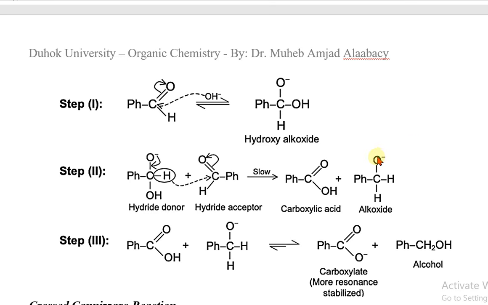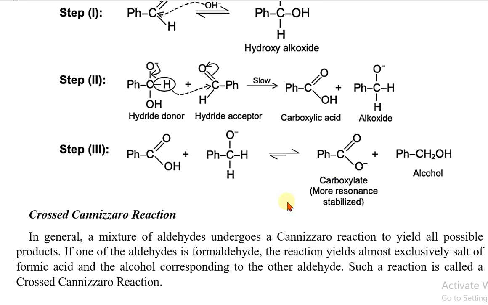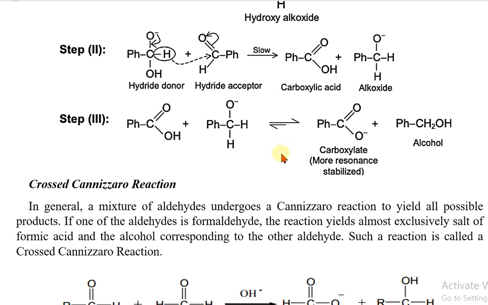Now we have proton exchange. This negative oxygen takes a proton to give alcohol and carboxylate anion. I think it is a clear, easy mechanism.